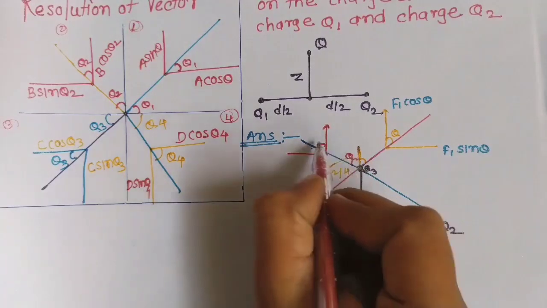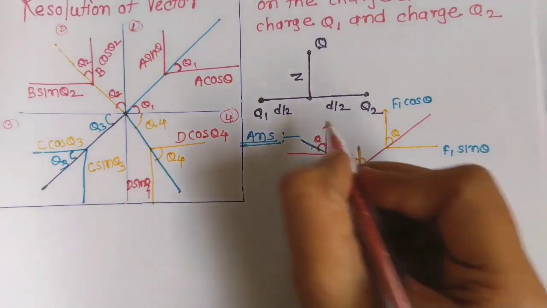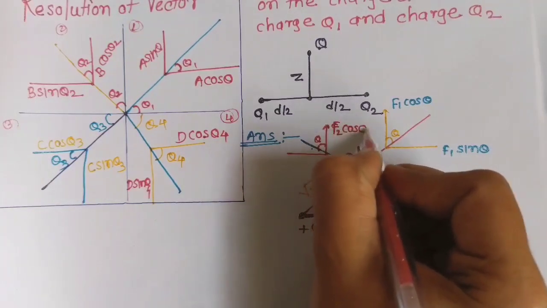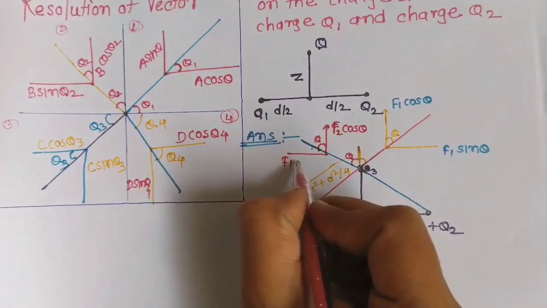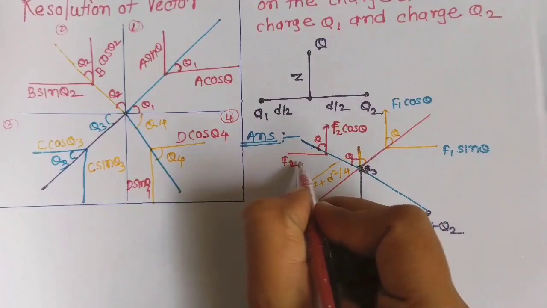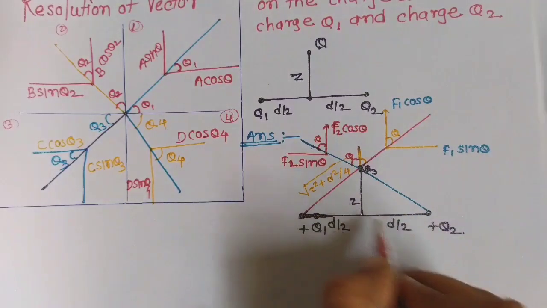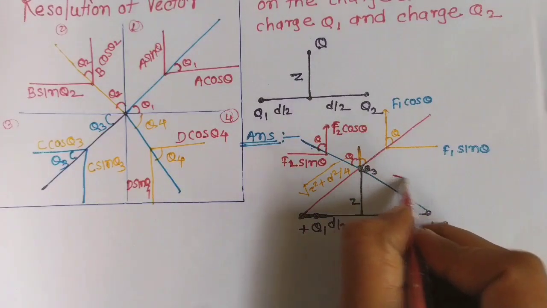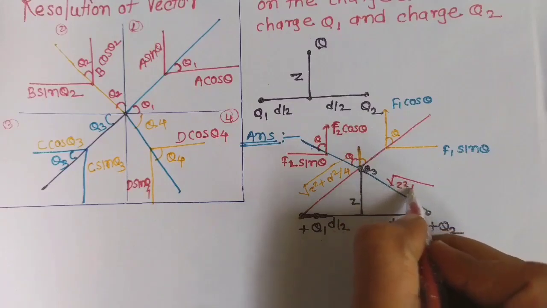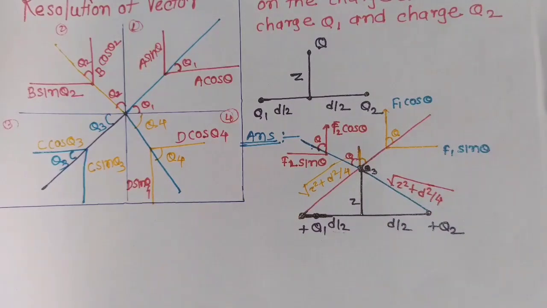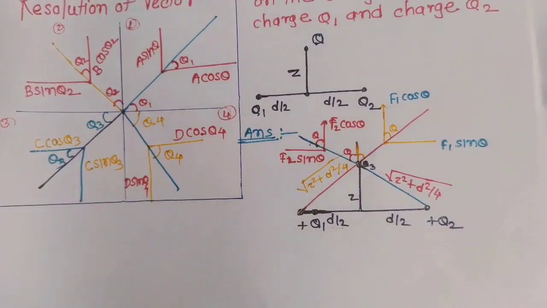We have taken the angle on either side of the force component. This is F2 cos theta, this is F2 sin theta. So this is also under root z square plus d square by 4, according to the triangle law.